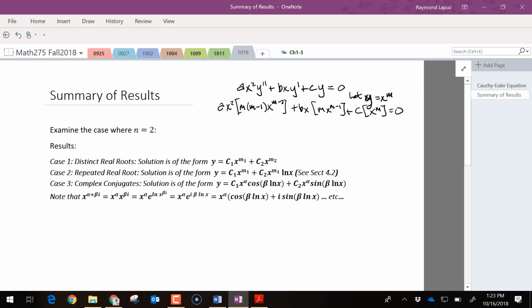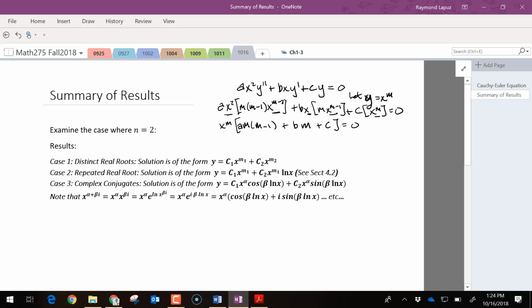And so we can combine the x's again, and then we all have a factor of x to the m power. And then what we have left is a m times m minus 1, plus b times m, plus c is equal to 0.